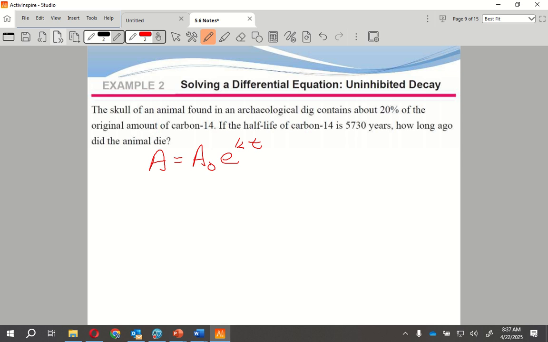Now, half-life, this should be the key. In 5,730 years, how much is left? What are you going to get over here for this answer? 1/2 of A sub naught.